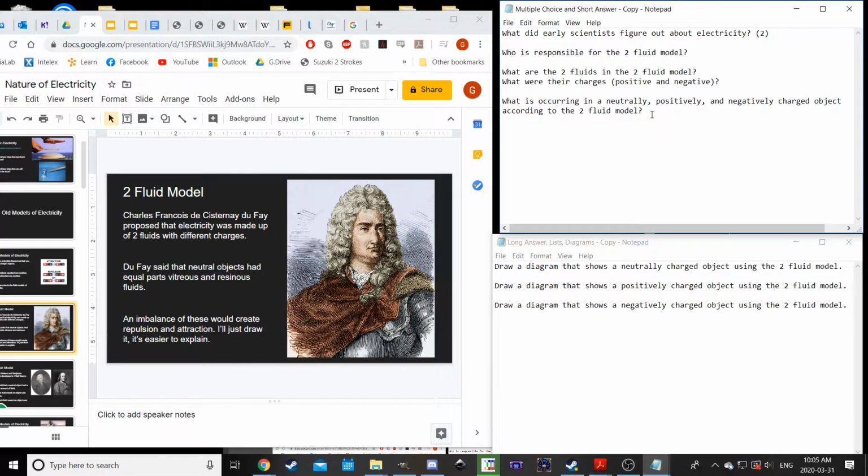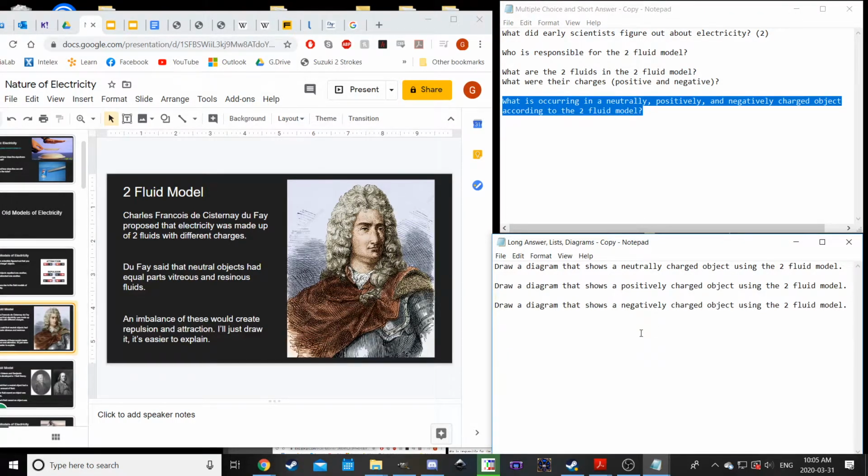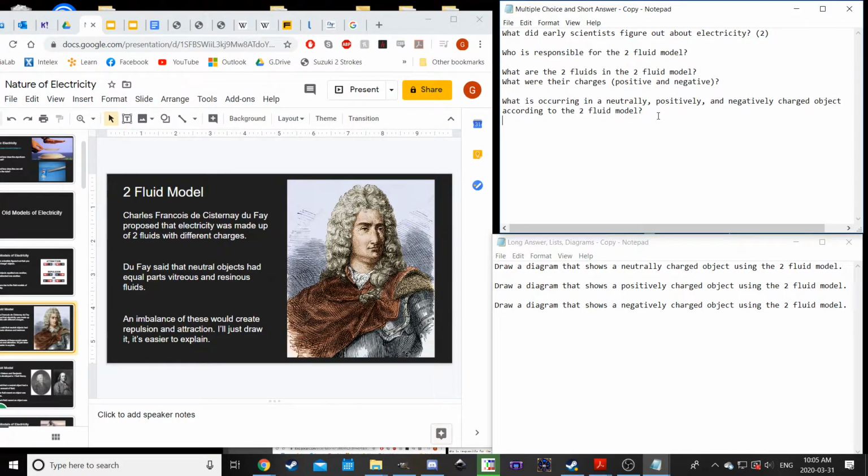So this could very easily be a short answer question, or one part of this could be a multiple choice. What's happening in a neutrally charged object in the two fluid model? That could be a multiple choice question. So I would put it here. I would put it in the long answer lists and diagrams, because I think it could take either form, and your answer is going to be slightly different for each of those.